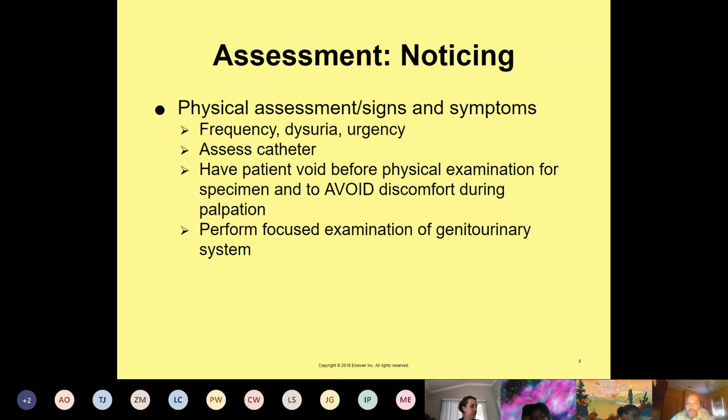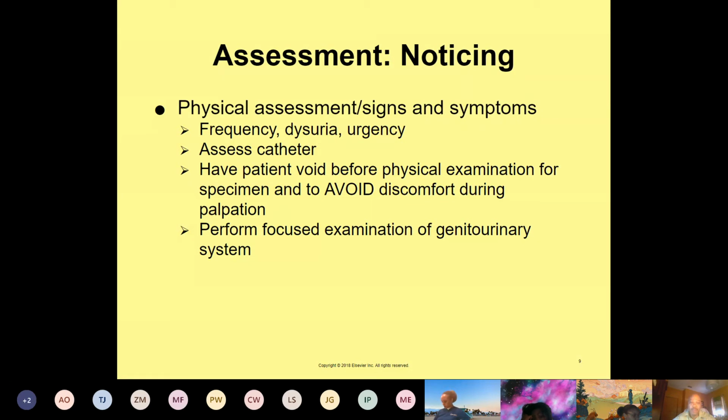is going to have a physical examination, go ahead and get them to give you a urine specimen at that time, because this will also allow them to empty their bladder. This is because when the patient is lying on their back and you begin to palpate the belly, you don't want to press on the belly when their bladder is full of urine because it's very uncomfortable.